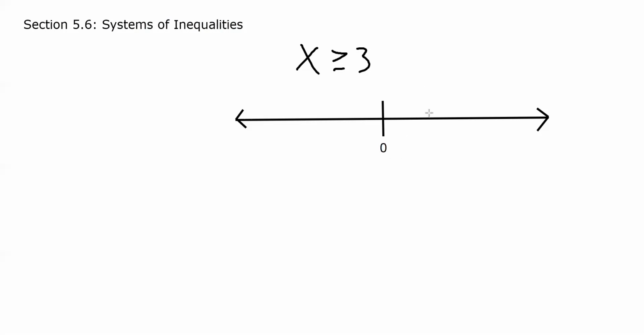Here's 3. Everything greater than or equal to 3 means that if you use bracket notation, you use this bracket, and then you shade everything to the right.